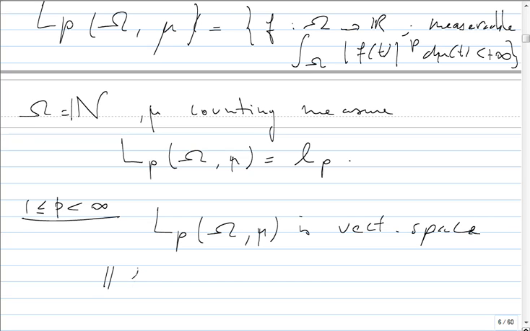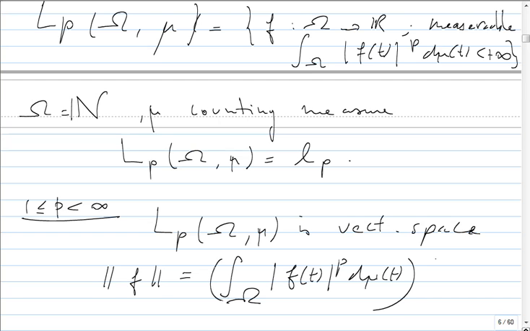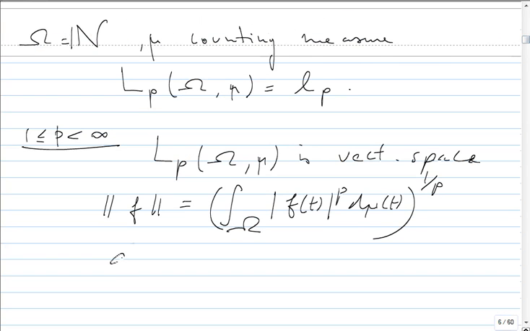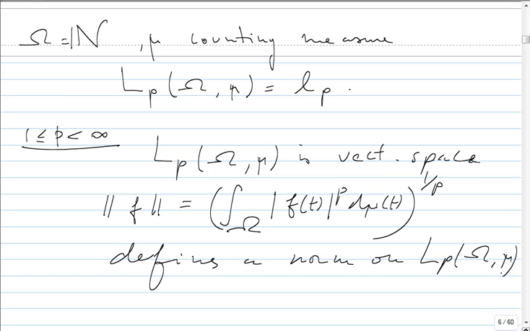Number two, we can define that this object, the integral over omega of f of t to the power p d mu of t, to the power 1 over p, defines a norm. This is amazing. This defines a norm on LP of omega. So we now get a normed vector space, and we can show that LP with mu, with this norm, is a Banach space.